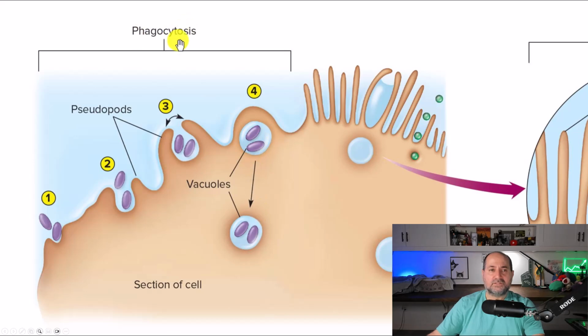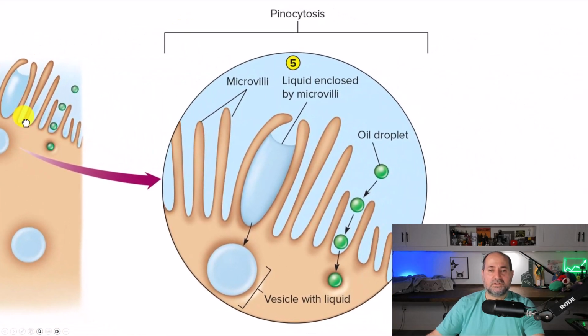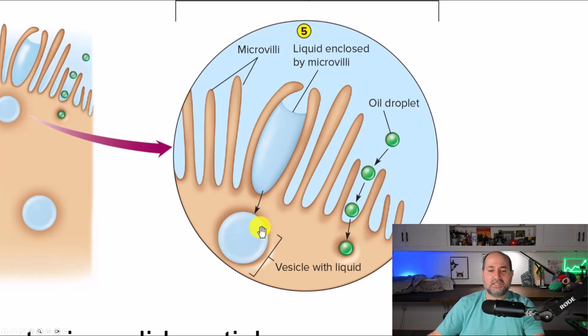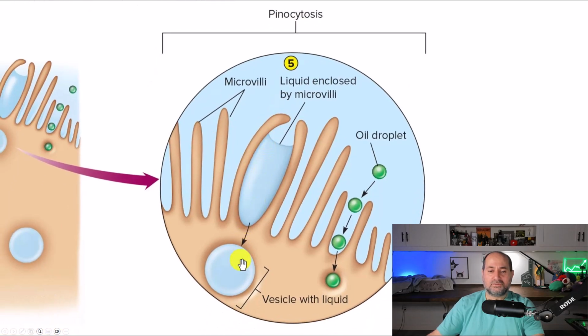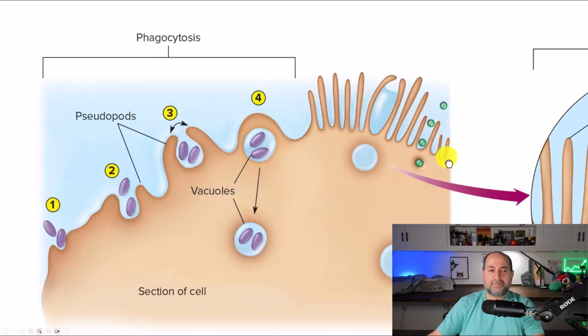That's called phagocytosis. However, what if the amoeba brought in liquid, right? Look, in this case, it's using its membrane to bring in a vesicle full of liquid. So you brought in liquid, or you brought in solution from outside. Well, that's called pinocytosis. Pinocytosis is bringing in liquids. That's why they call it drinking.